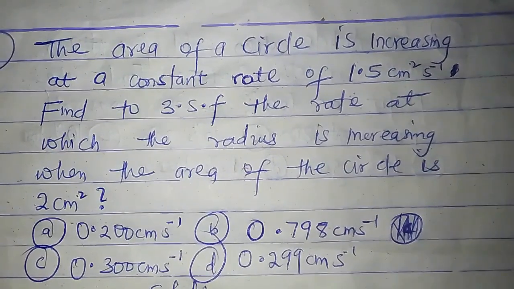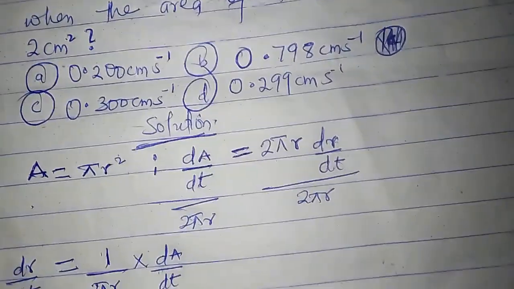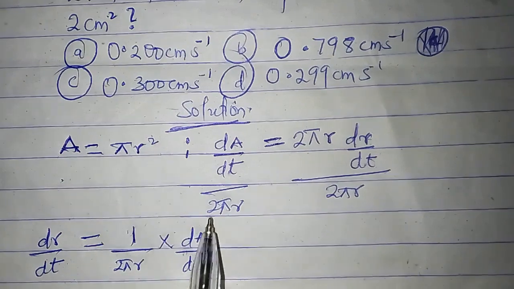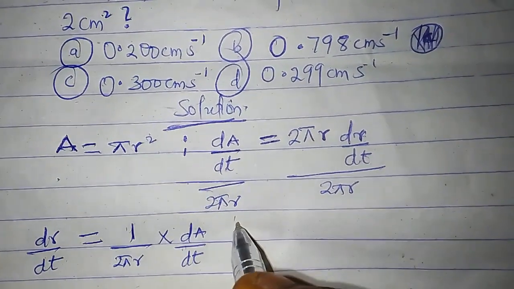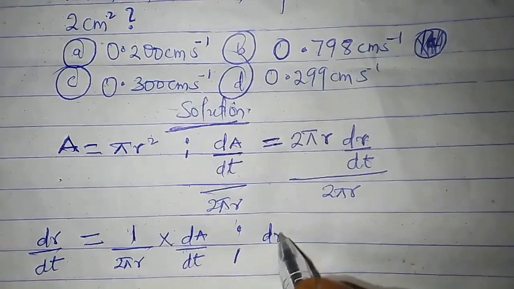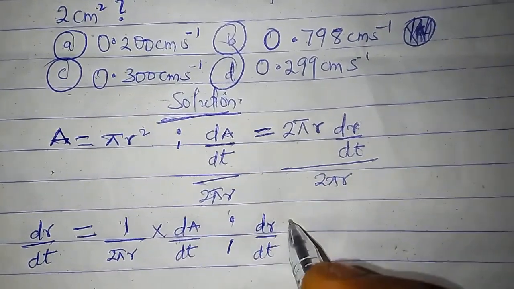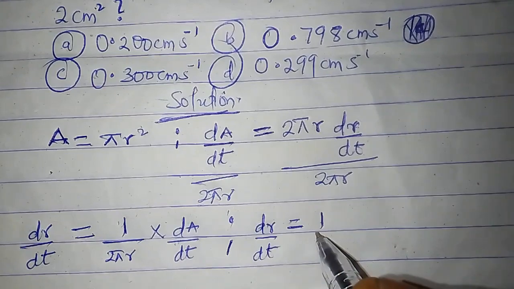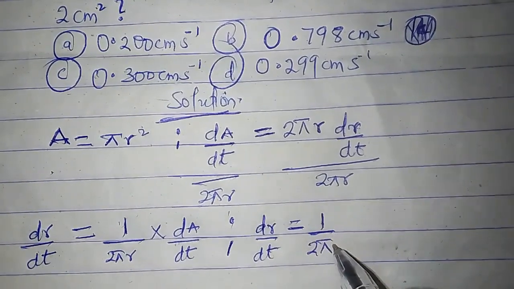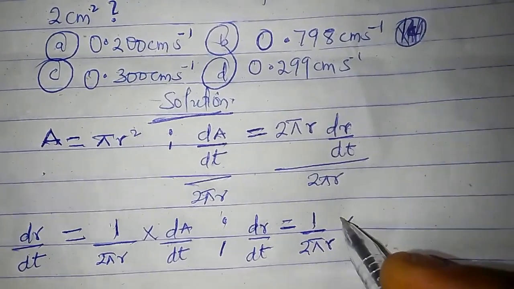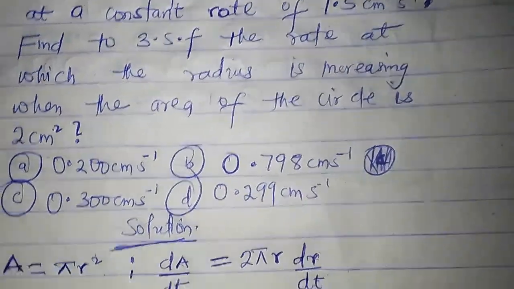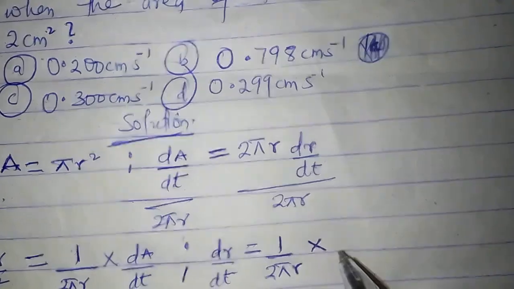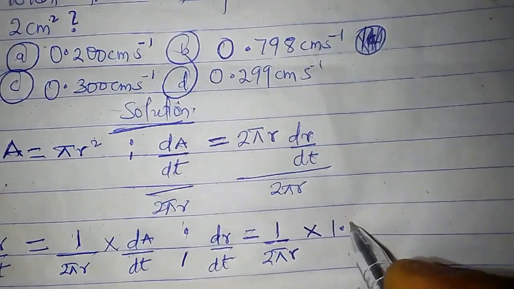This increase in area is our dA/dt. That's the increase in area. So the dr/dt from here, we can say dr/dt is equal to 1 over 2 pi r times, in place of the dA/dt, I'll write 1.5.